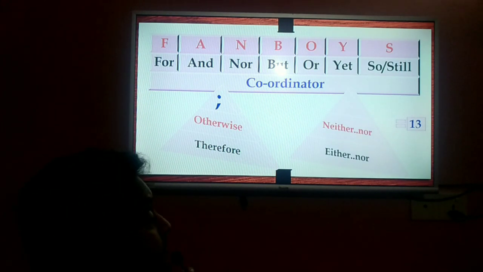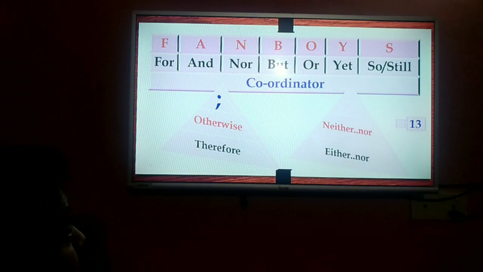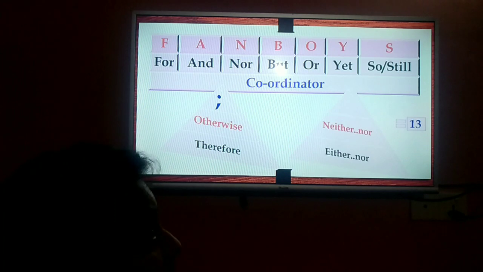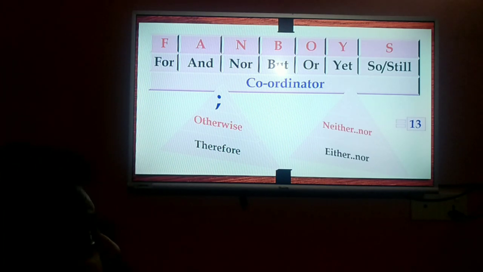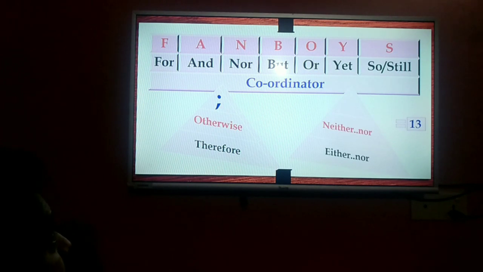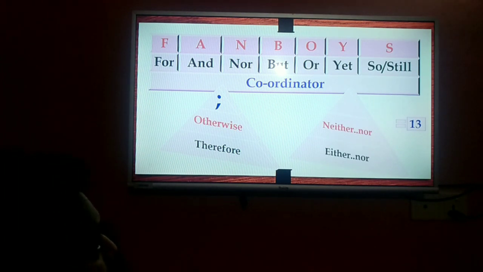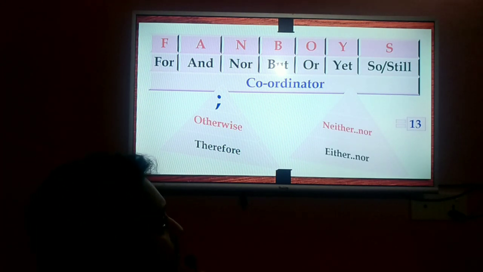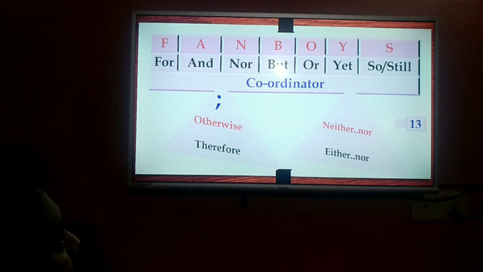Coordinator. Acronym, to remember easily: FANBOYS. That means F for for, A for and, N for nor, B for but, O for or, Y for yet, S for so or still.